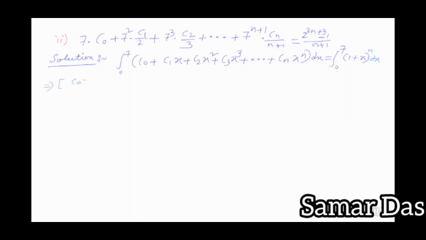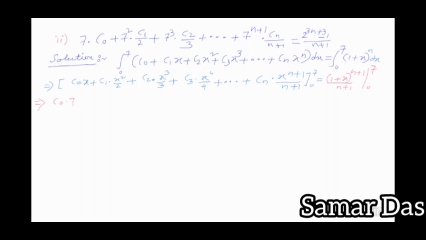Integrating and putting the upper limit and lower limit, then we got the answer. That is c0 x + c1 x²/2 + c2 x³/3 + c3 x⁴/4 + ... + cn x^(n+1)/(n+1), with limits 0 to 7, and here is (1 + x)^(n+1)/(n+1), with limits 0 to 7. Okay.